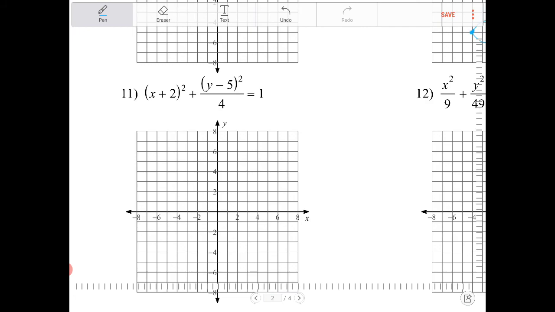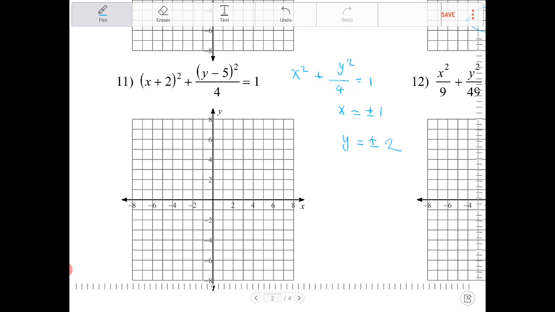So again, I want to treat this as if it's graphed at the origin, and I can tell immediately from this that x will equal plus or minus 1, right? And y will equal plus or minus 2. And the center is located at negative 2, positive 5.